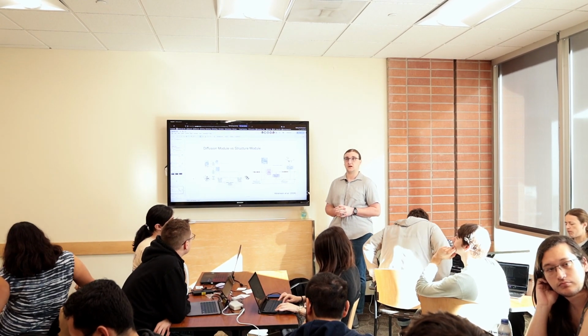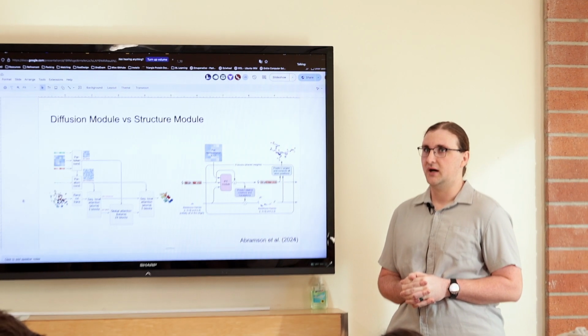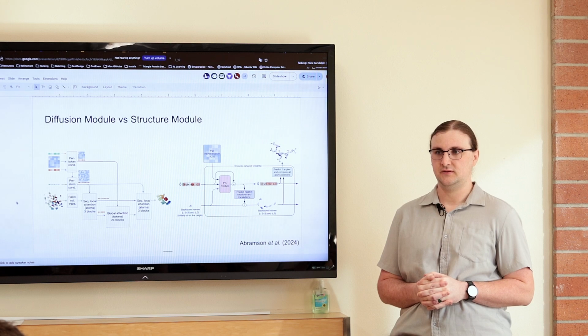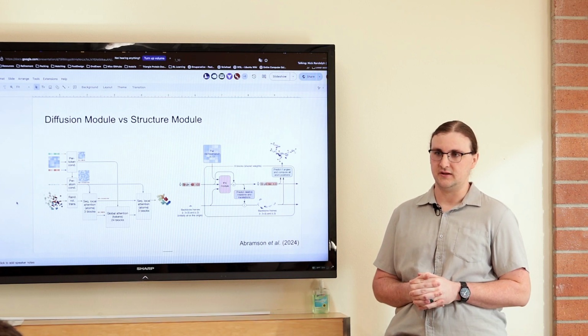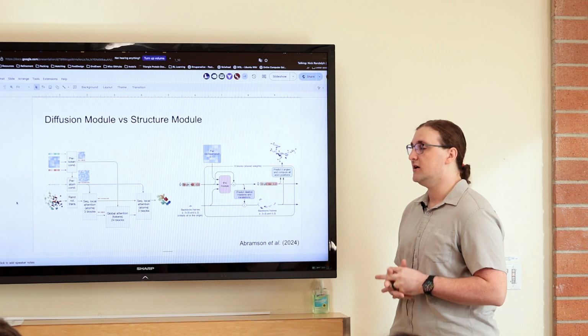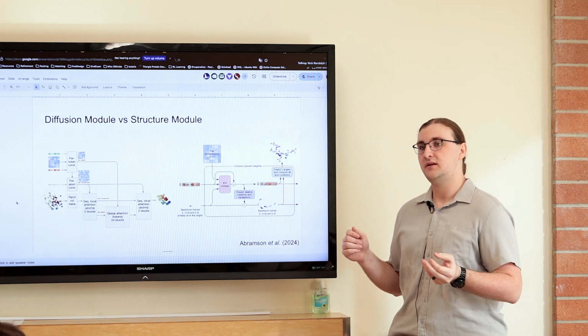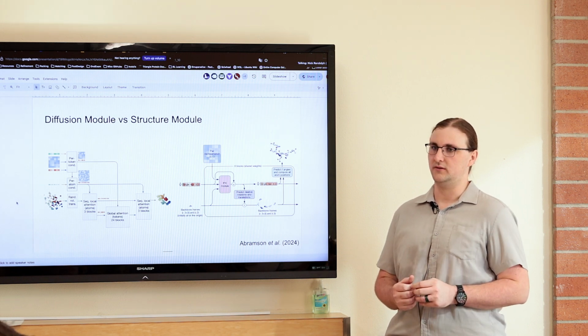It is much better at predicting the location of the post-translational modifications, but I think it still has the same limitations with mutations. Is that because of the MSA? I think it's primarily because of the MSA. Although, because we're no longer carrying this MSA representation throughout the model, it has less of an impact in AlphaFold3 than AlphaFold2, but it's still quite an important aspect of it.